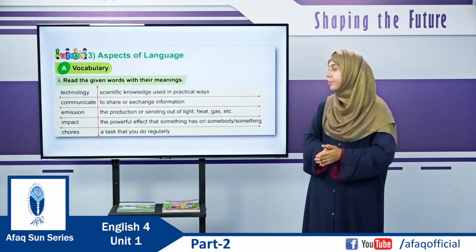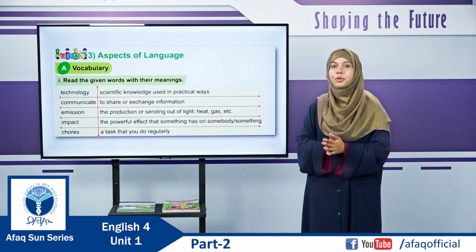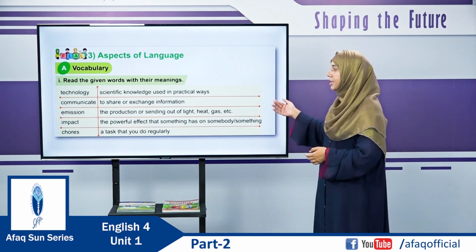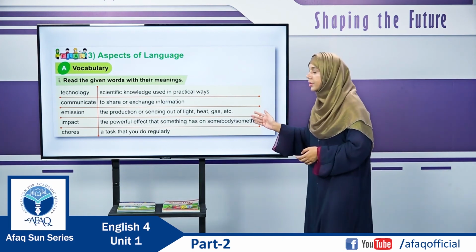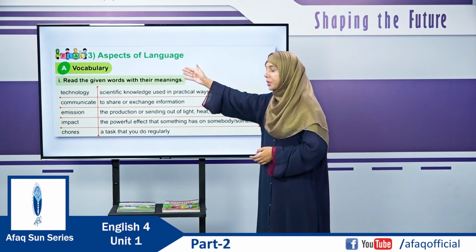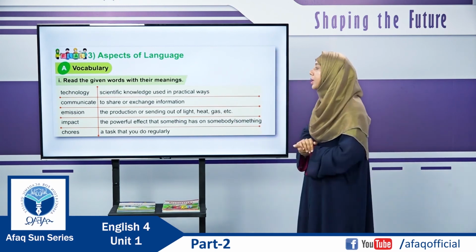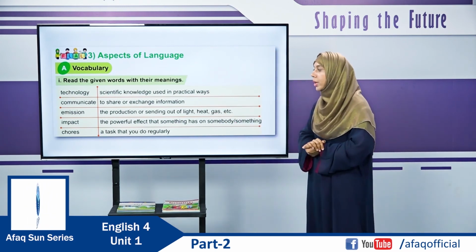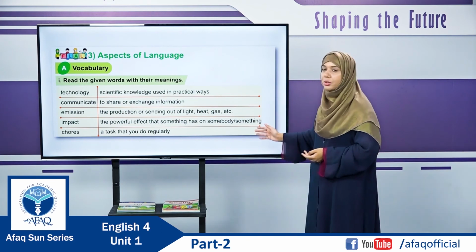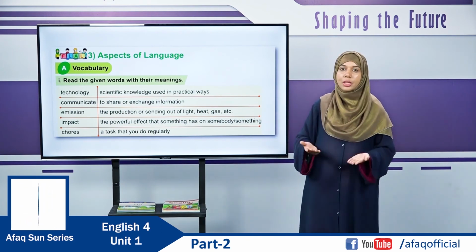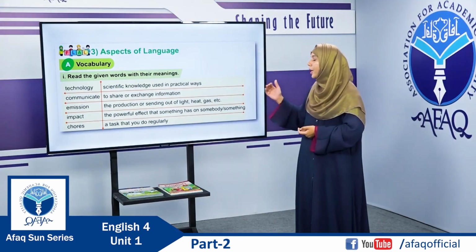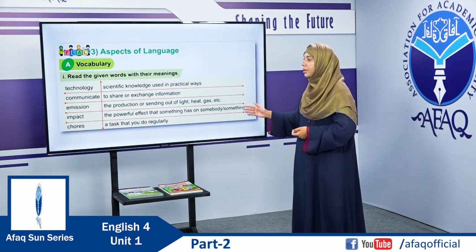Dear students, on page number 24 of your textbook, you can see a table. This table is related to vocabulary, means new words. So in this table, we have provided you some new words that you came across in this unit number 3 of your textbook. We have also provided the meanings in the textbook.